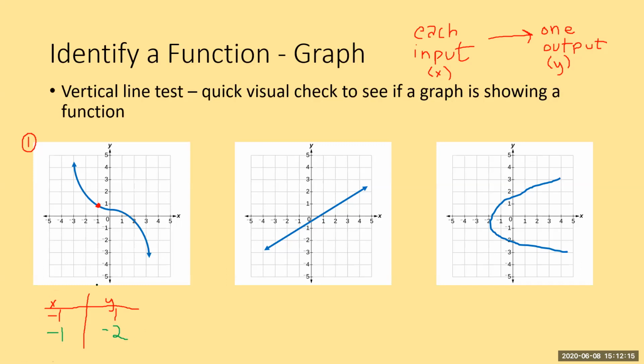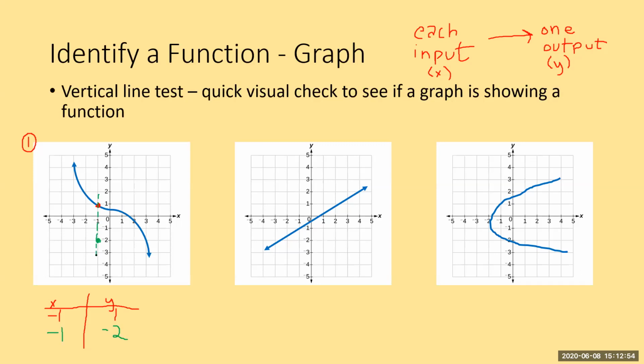If we were looking at this as a table, we would be like, oh, that's definitely not a function because the input of -1 is going with 2 different outputs, right? That's a problem. Now on the graph, that would show up as points that are lined up vertically with each other, points lying along the same vertical line. So I just put that green point on the graph. That green point is the point -1, -2. And you can see, hopefully, that the red point and the green point are lined up vertically.